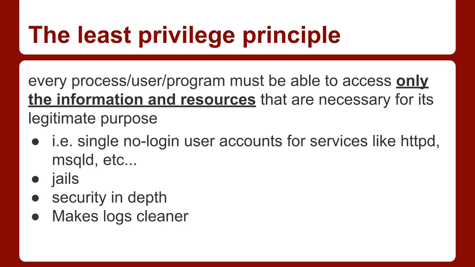It is only given the very least for it to do its job, and for it to sufficiently do its job. So things like having a single no-login user account for services, so that if you compromise a service, it's not so easy to just spawn a shell, or pass commands up to a system shell rather.